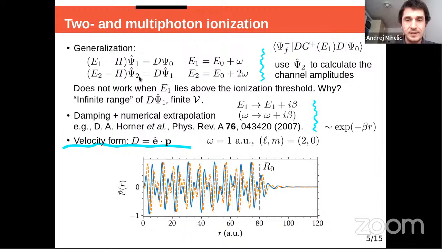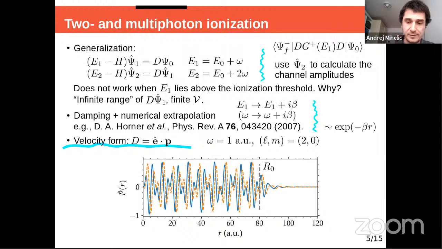Now this introduces some other problems. In most cases it works very well, but as soon as you hit, for example, an intermediate resonance state, this kind of extrapolation causes artificial broadening.